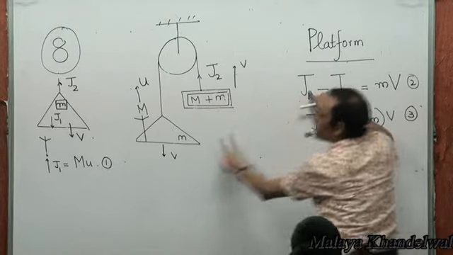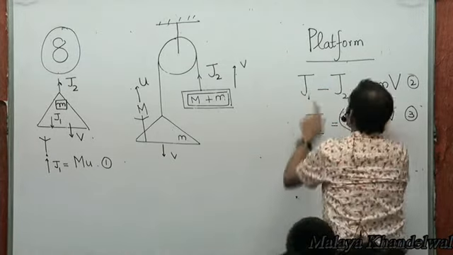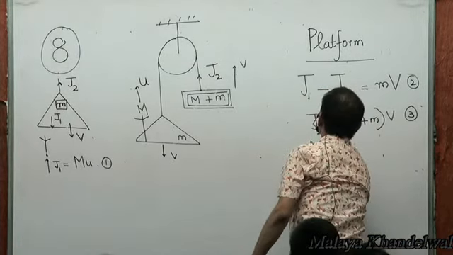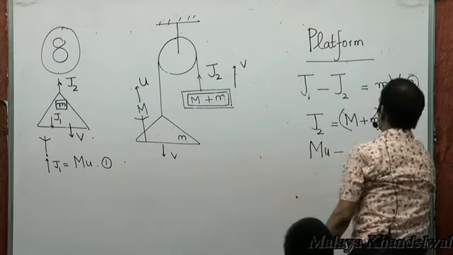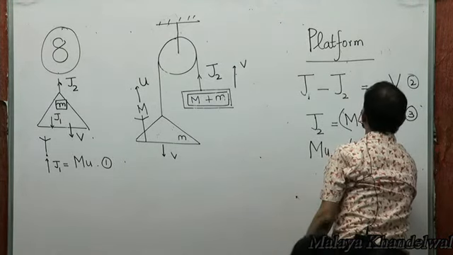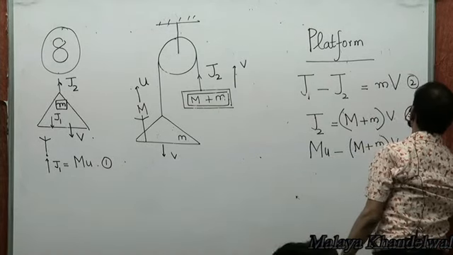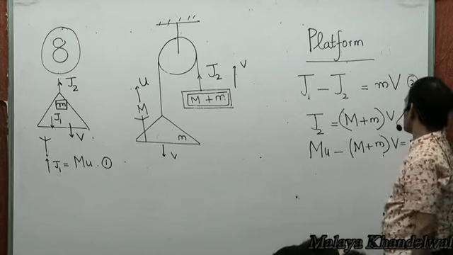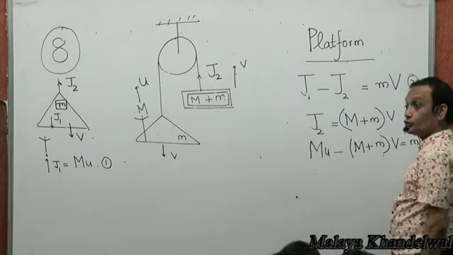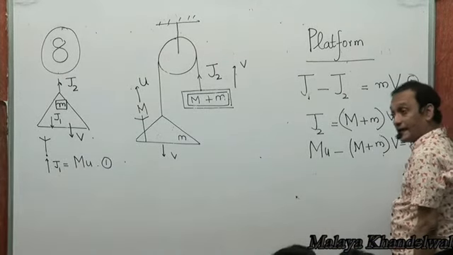In this, plug in J1 equal to capital M into u. In equation 2, capital M into u minus J2, which is capital M plus small m into v. That must be small m into v. Yes or no? U is known to me and v is obtained from this.